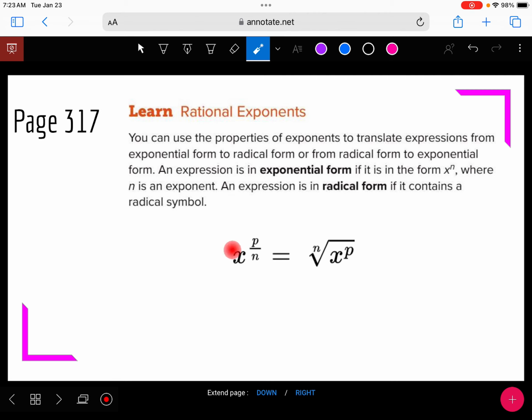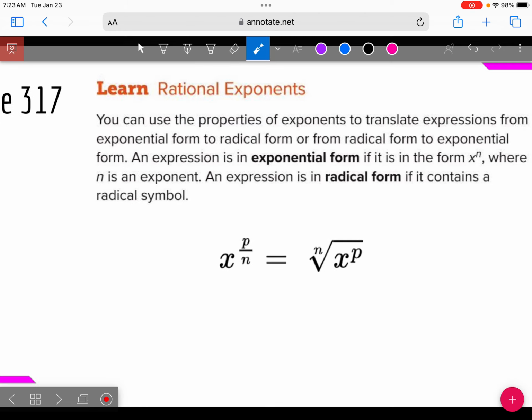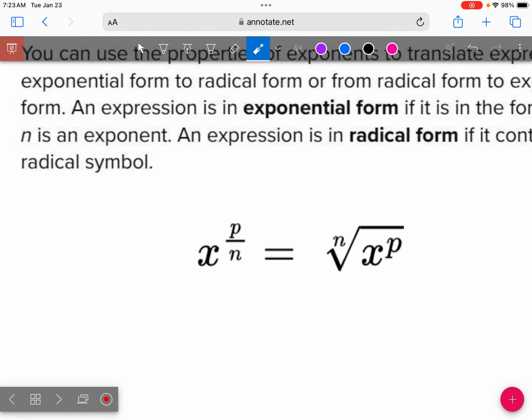So what we have is whatever our base is, usually an x or a y or a number. The p is our power, and the denominator, or the n, is our index. Again, I'm not super concerned with the paragraph.